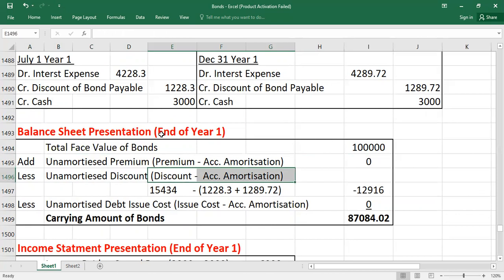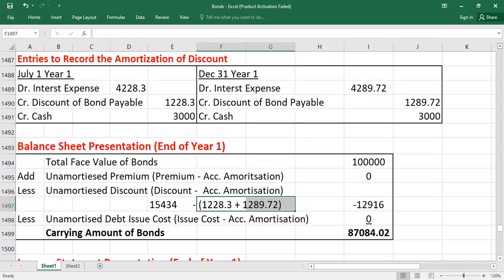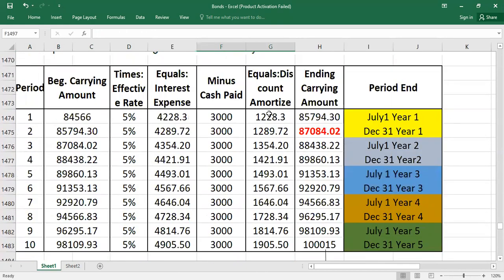Because we are sitting at the end of year 1, not the end of period 1, the total discount you recorded when you issued the bond is 15,434, minus accumulated amortization. In the first year you have calculated 2 times amortization, so the 2 amortization values are these, you can check from the schedule. The first value is this, and the second value for the amortization is this.